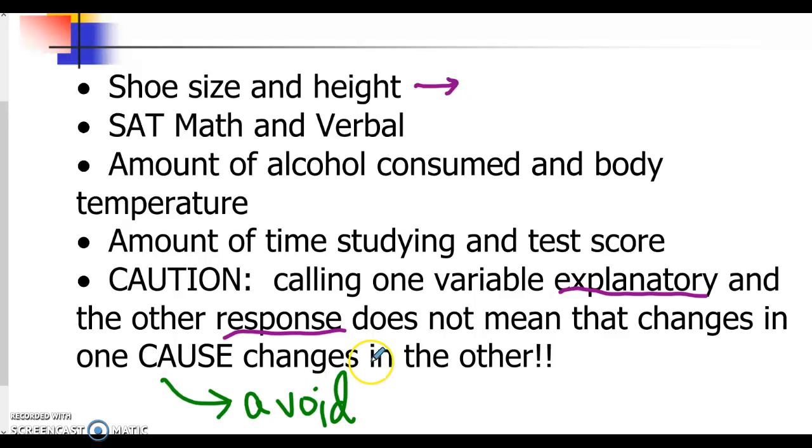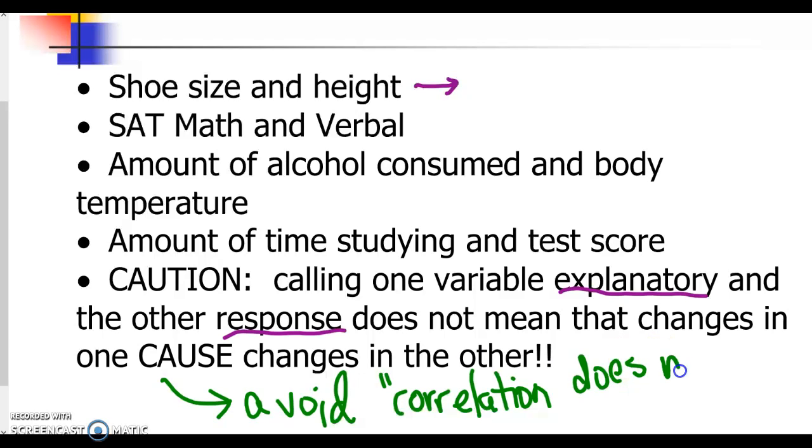And there's a phrase that you'll probably hear me use over and over again in this unit, and that is correlation does not imply causation. Just because two variables are related to one another doesn't mean that one causes changes in the other. And we'll get into some examples and talk about correlation a little bit more in this lesson.